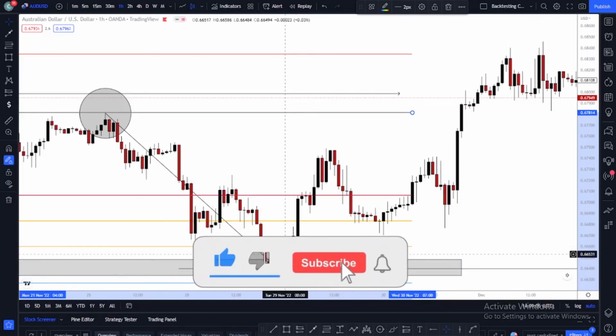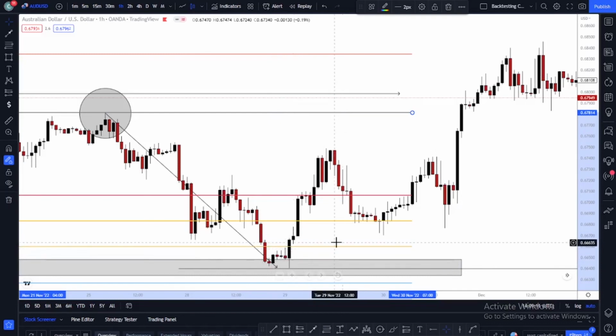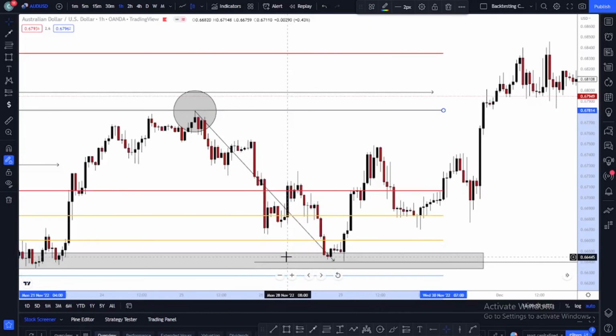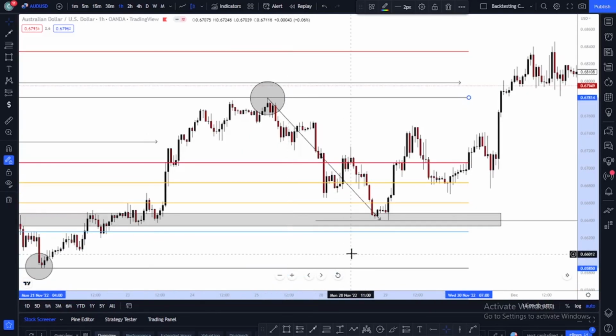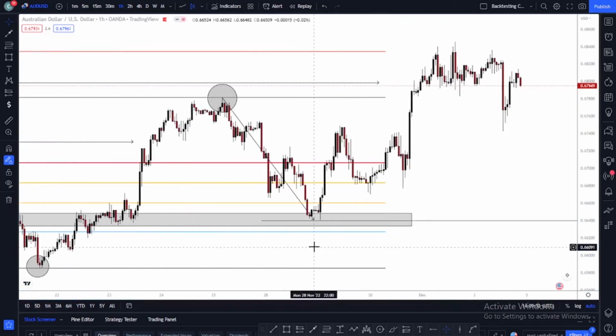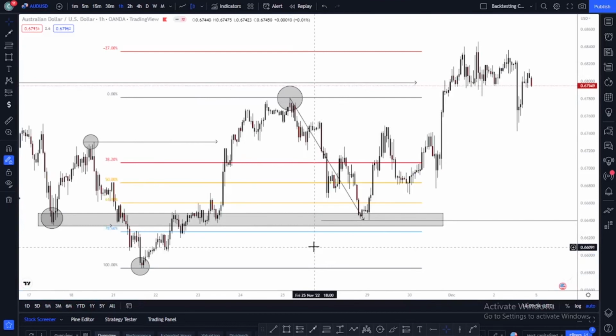Bro, price closed bearish. Look at the momentum of the candle, a marubozu candlestick. This candlestick rejected that same area and closed above this bearish candlestick, engulfing this candlestick also, telling us bullish pressure is back in the market, so we need to go in for buys.